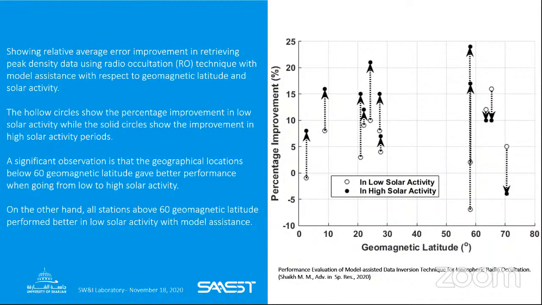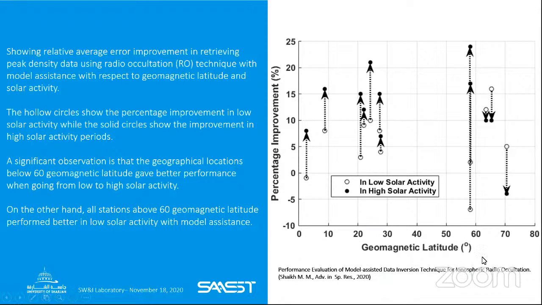This is done because we have to make sure that whatever we are doing is useful for the systems which are operating around the world. This study shows what happens when we incorporate the data into the model at different locations around the world.